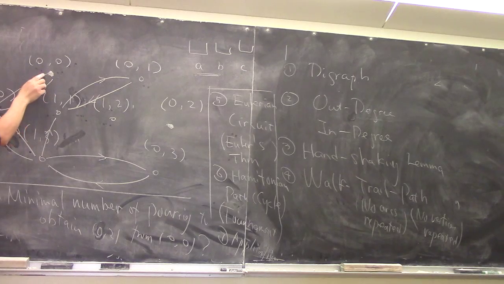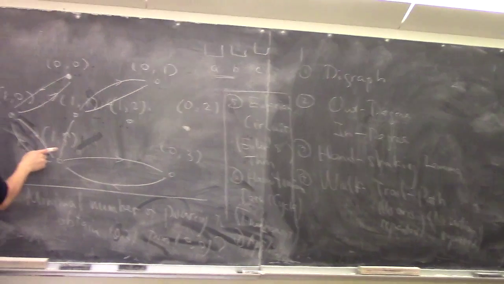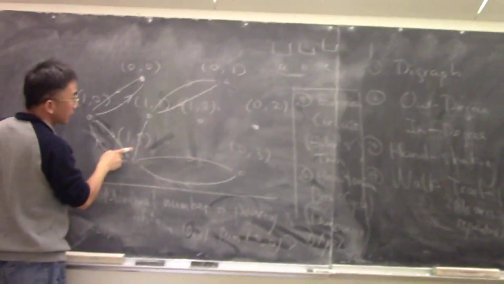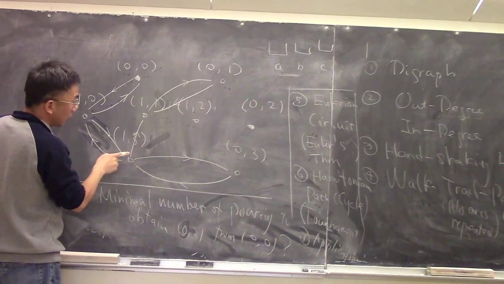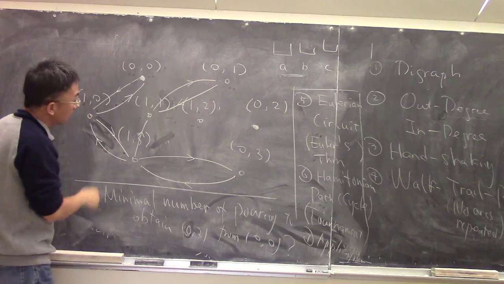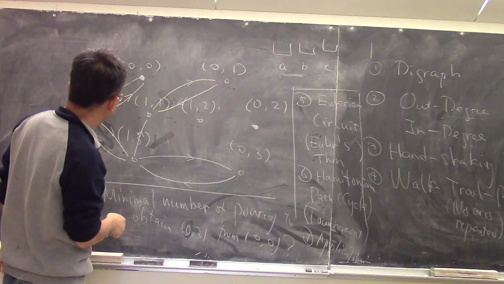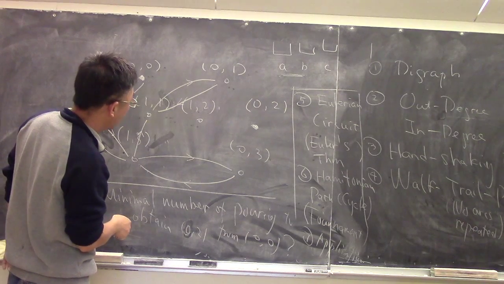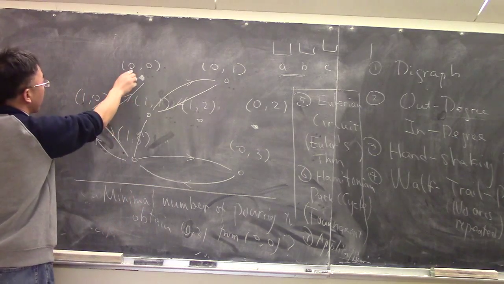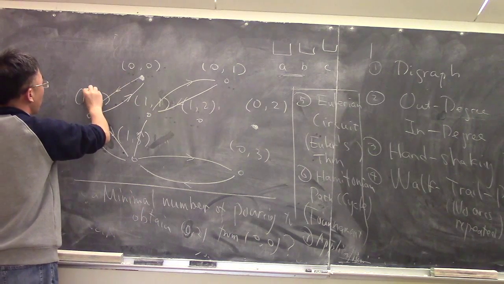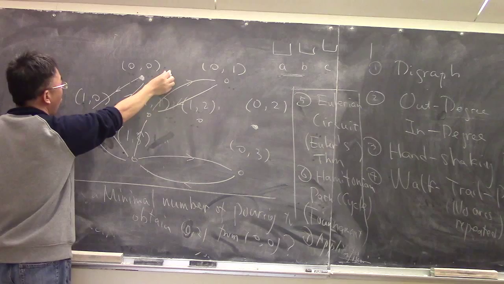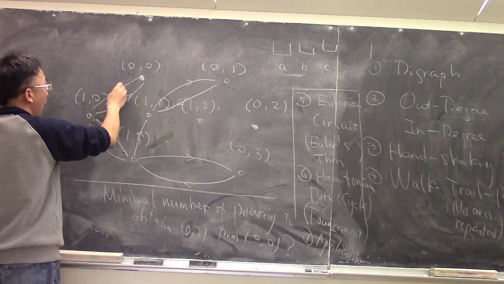So you see, you can change from here to here, right? By pouring 1 back into that bottle of 4, and so you add an arc.